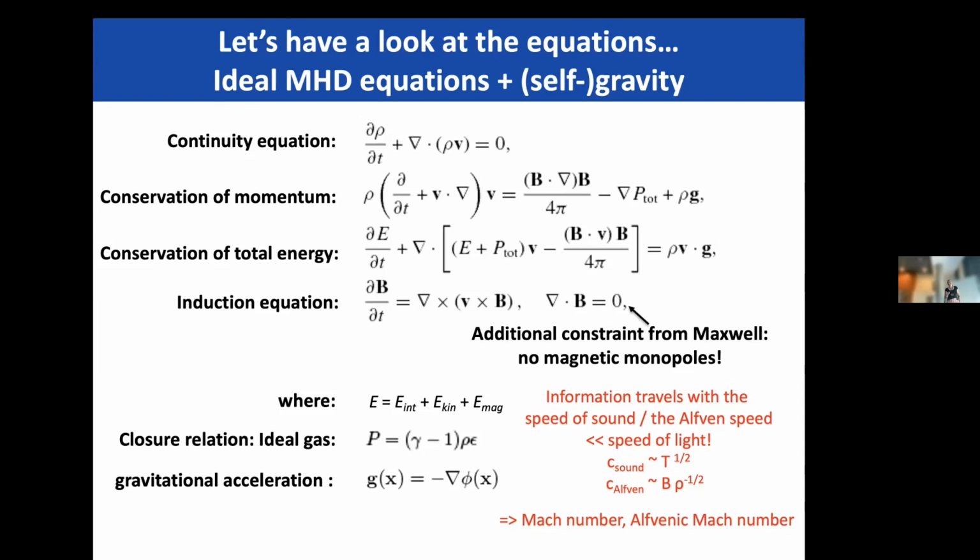So this is the gravitational acceleration, and it comes from the gravitational potential, which needs to be computed via the Poisson equation. And so just one takeaway message before we move on.